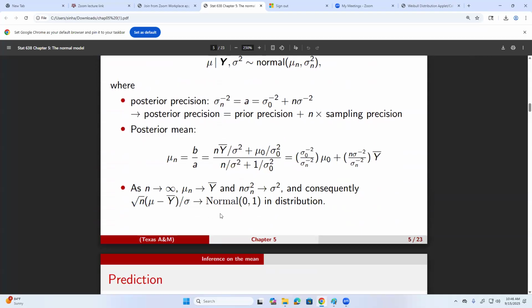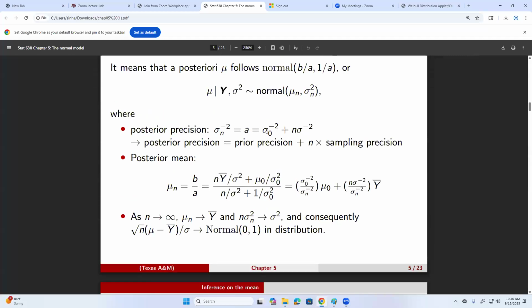As I said, if the sample size increases, then the posterior mean converges to y bar. And n times sigma n square, what is sigma n square? Sigma n square is this, sigma 0 to the power minus 2 plus n times sigma to the power minus 2, which converges to sigma square. Consequently, square root of n times (mu minus y bar) over sigma converges to normal 0, 1 in distribution.